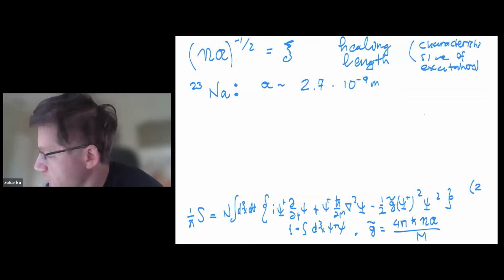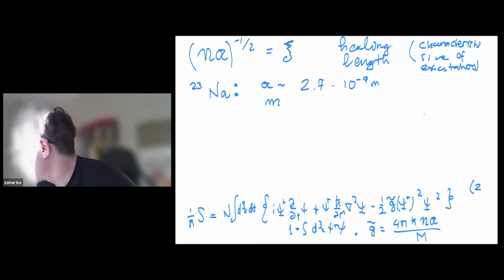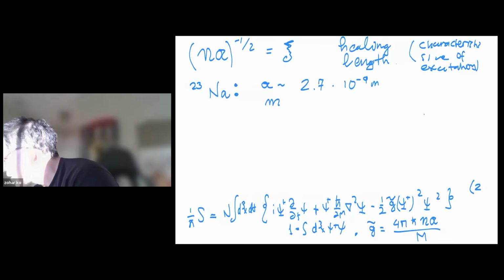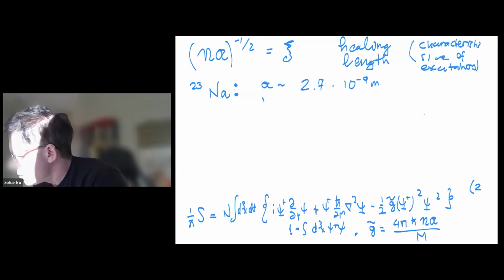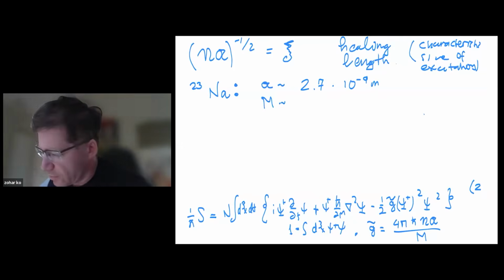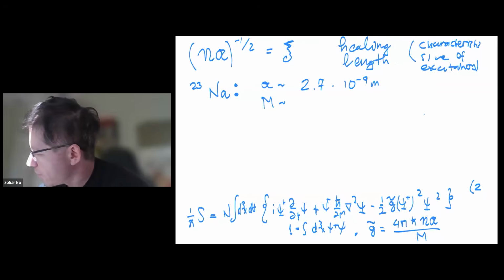And then the mass, well, I used a capital letter for the mass, I guess. Did I? Yes. The mass of sodium atoms is just like 23 times the mass of a proton.